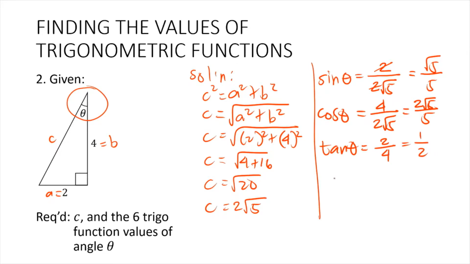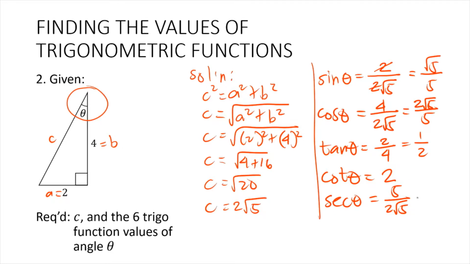Okay. Next, we have the reciprocal trig functions. So reciprocal of tangent, that's cotangent. So reciprocal of 1/2, that's 2, right? We have secant of angle theta. Secant is again the reciprocal of the cosine function. So we have here 5 over 2 square root of 5, reciprocal of this value here.